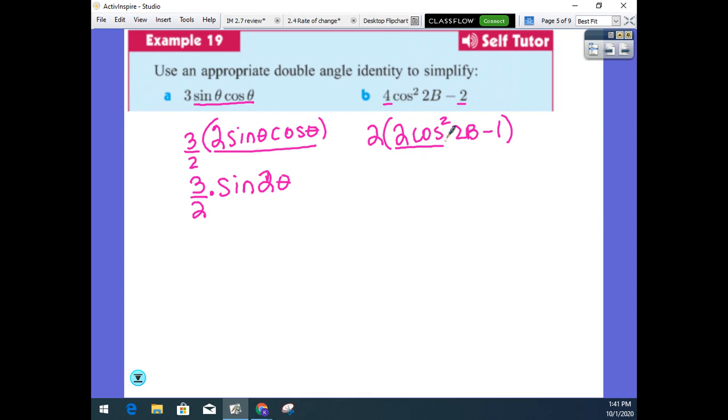We have 2 cosine squared minus 1, which is cosine of 2, whatever this is. Normally we say 2 theta, but right now that's 2 beta. So I have 2 of the 2 betas. But what's 2 times 2 beta? It's 4 beta. And that is section D.